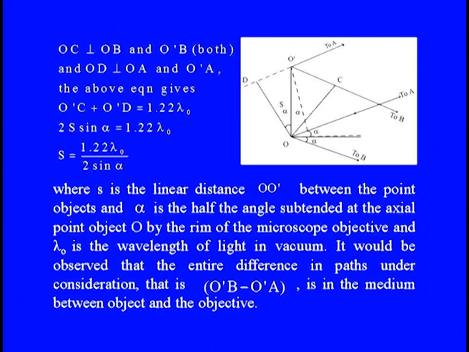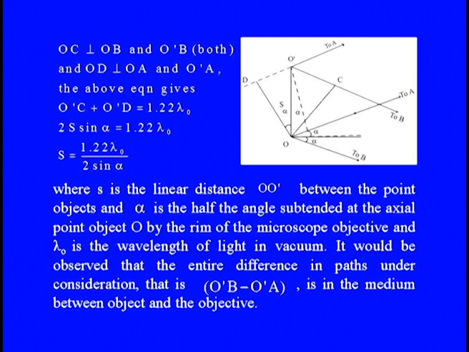Therefore, we have 2 S sin alpha equal to 1.22 lambda. So, S will be equal to 1.22 lambda upon 2 sin alpha, where S is the linear distance OO prime between the point objects, alpha is half the angle subtended at the axial point object O by the rim of the microscope objective, and lambda is the wavelength of light in vacuum.